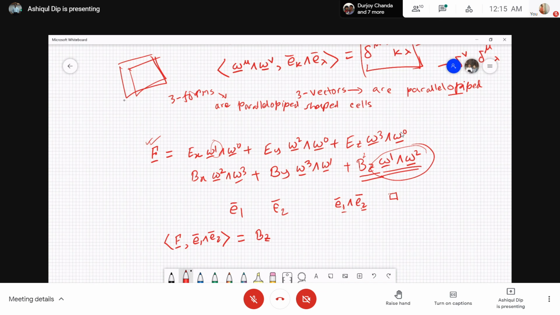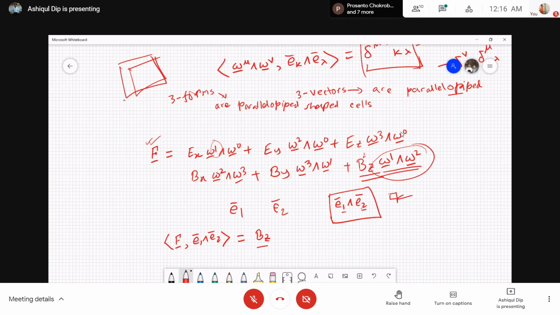When you have a parallelogram that is constructed like a unit parallelogram, because you know that it has unit area, right? So if you take these tubes of F and chop them with that thing, that gives you Bz.